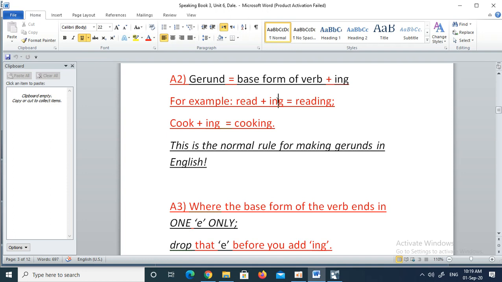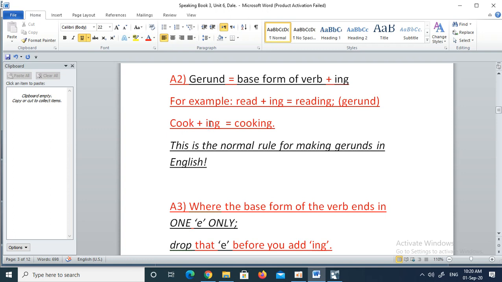I add the suffix ing and I get the gerund reading. If my verb is to cook, then the base form of the verb is cook.